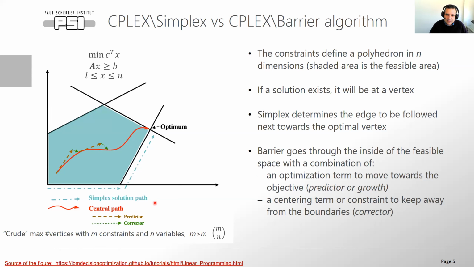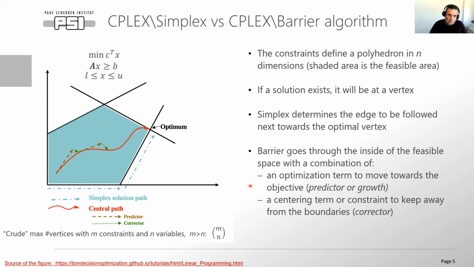And here come the interior algorithms like the barrier, which instead of moving from edge to edge until they arrive at the optimal solution, just cross the feasible area and take, let's say, a shortcut. As you can see here, a barrier algorithm has two major mechanisms.